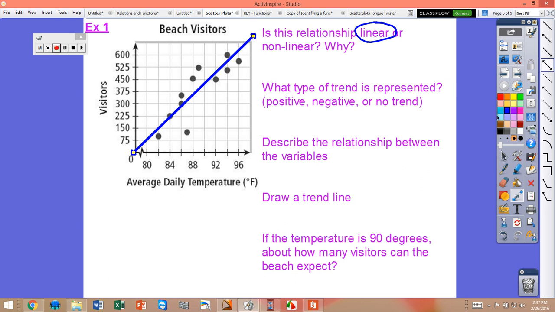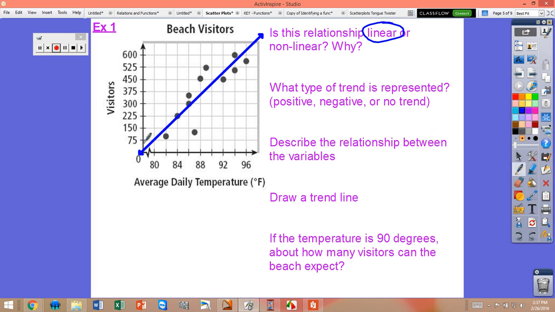What type of trend is this? This is increasing from left to right, so it's got a positive slope, so it's going to be a positive correlation or a positive trend. And you're going to describe the relationship between the variables. So since this is a positive trend, you're going to look at the y-axis, and this is going to be the number of visitors.